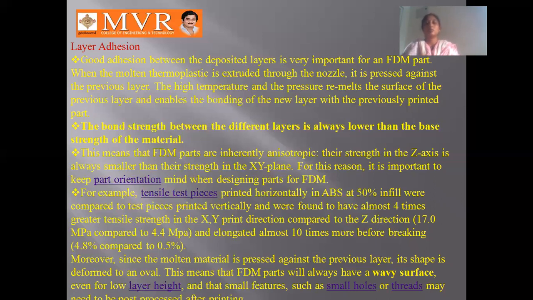The tensile test pieces are also printed horizontally, which can be directly compared in the XYZ directions. And since the molten material is pressed against the previous layer, it is deformed to an oval pattern. This means that the FDM process can be identified by the wavy surface at lower layer heights, and small features such as small holes or threads can also be identified throughout the process.